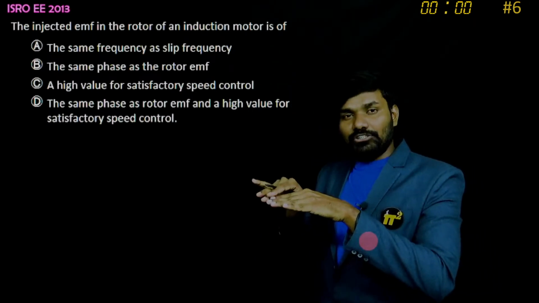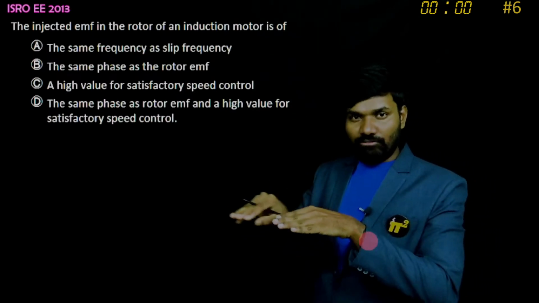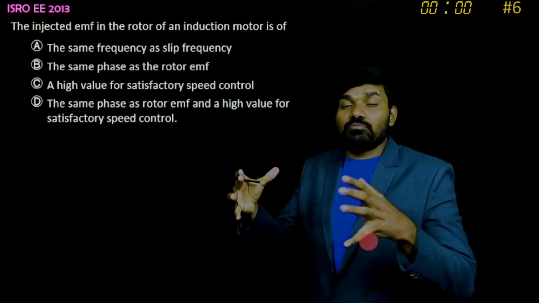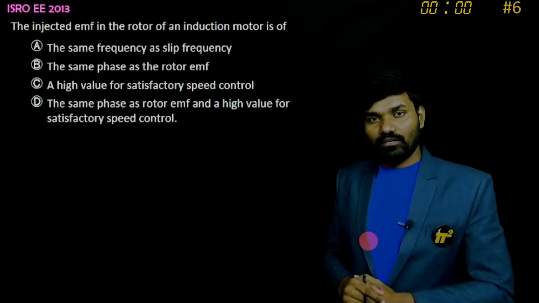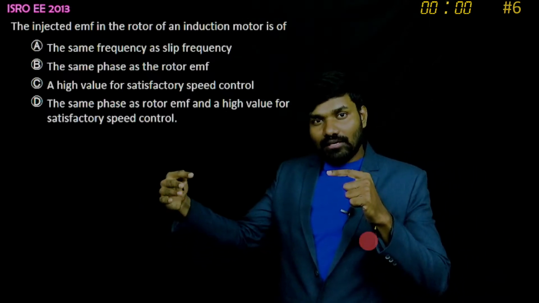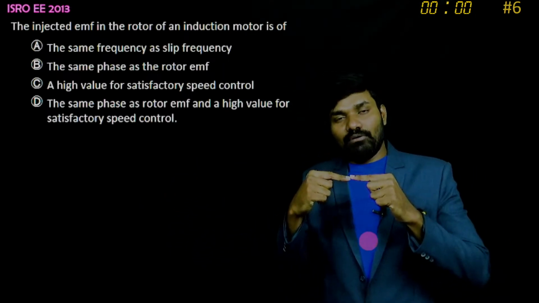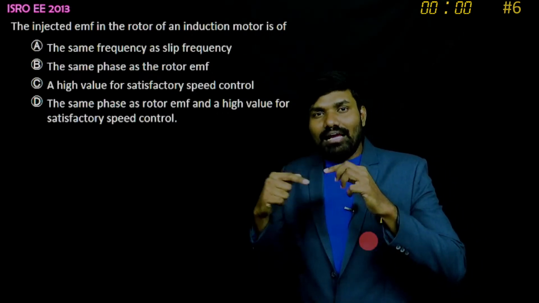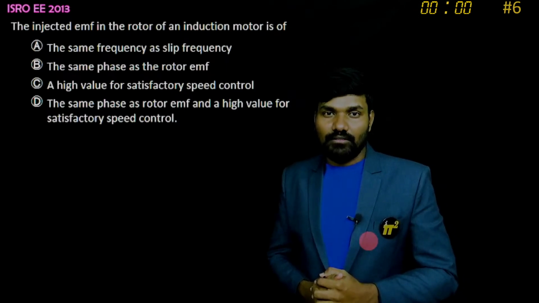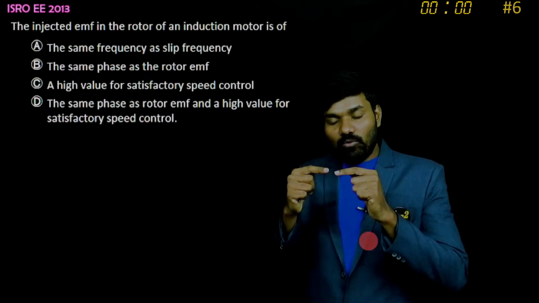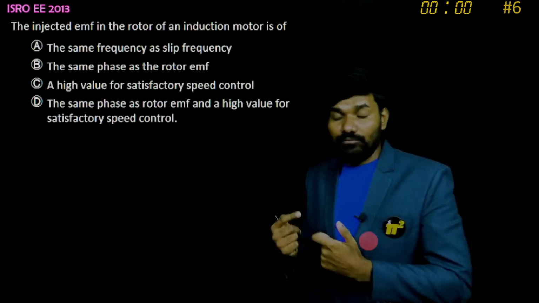In the same direction, you inject the extra, foreign EMF, so that the net EMF is more, and then you can increase the speed of the motor. If you inject the foreign EMF opposite to the existing rotor EMF, then the speed of the rotor will be reduced. So here, opposite and same phase are used for speed control.